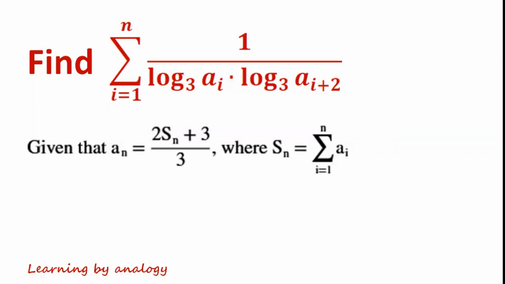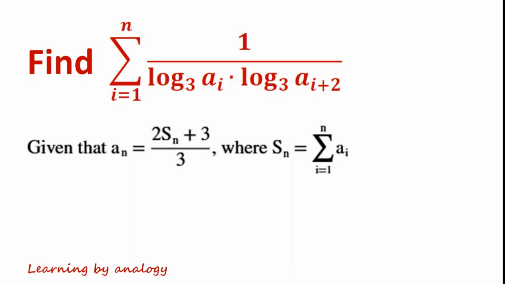Given that an equals (2Sn plus 3) over 3, where Sn equals sigma i equals 1 to n of ai.